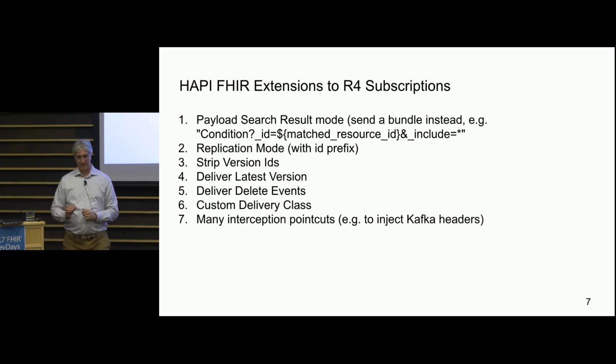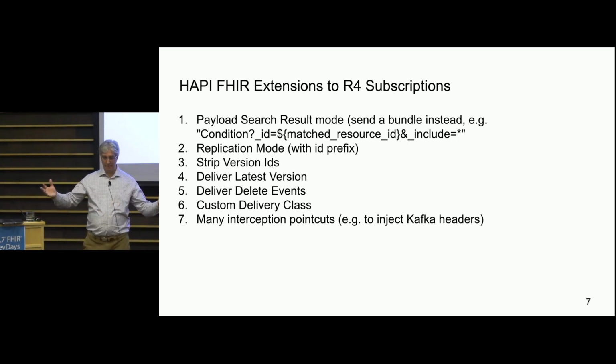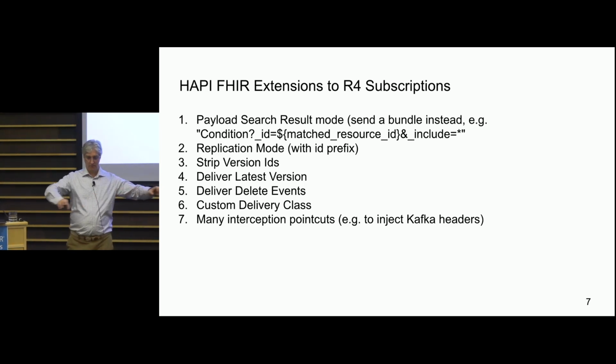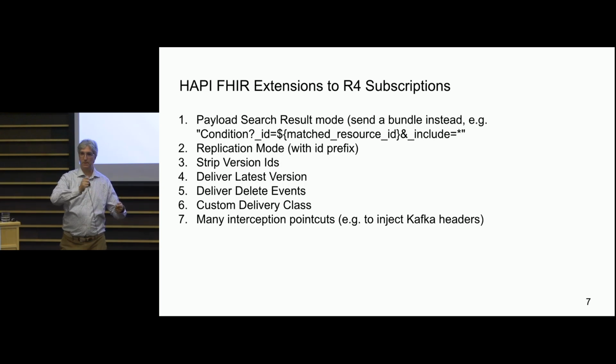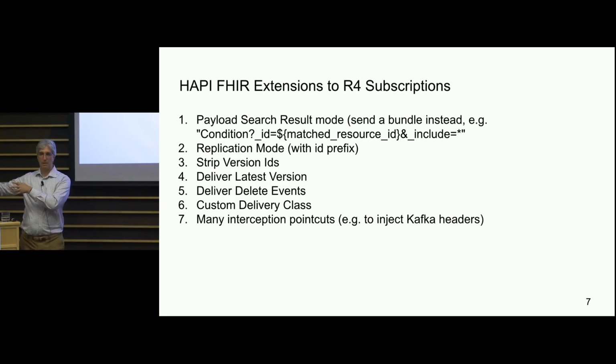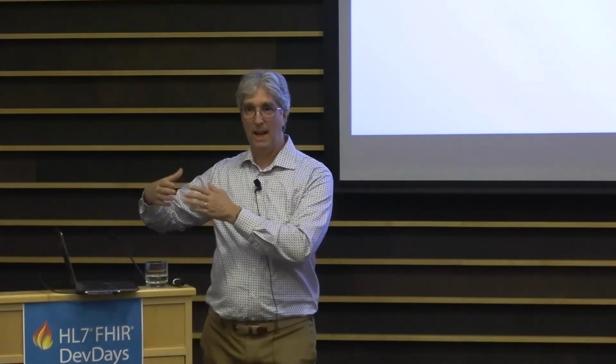The way that subscriptions are actually implemented in HAPI FHIR is there are two broker channels. The initial interceptor basically just puts every single resource change on this internal queue, and then there's a second separate process that reads off of that and evaluates against all the subscriptions. And then from there, it goes on to delivery queues, and there are separate delivery queues for every endpoint.